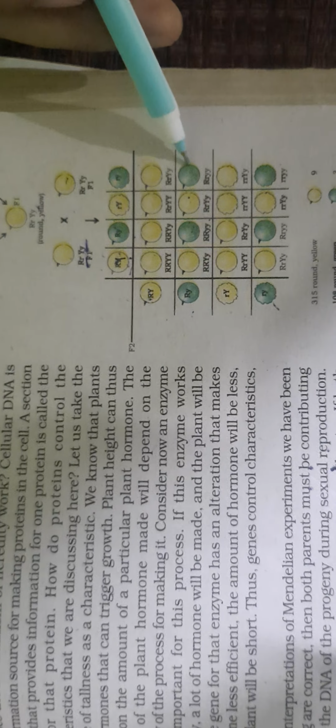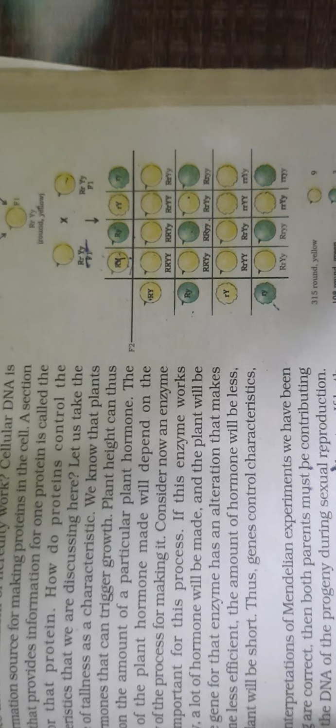This seed is round yellow, this seed is round green. This one is also round yellow, this one is wrinkled but yellow. The same over here, wrinkled but yellow. This one is round yellow, this one is round green, this one is wrinkled yellow, and in this one both traits are recessive, that is wrinkled green. Okay, that is fine.